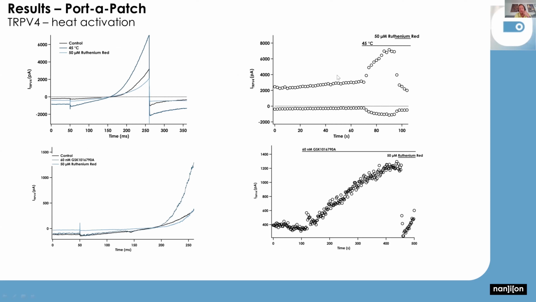Compared to the PatchLiner, it was activating slower, but interestingly, it was sensitive to ruthenium red. And in case of the pharmacological activation, we were also able to activate the current nicely, and it was sensitive to ruthenium red.